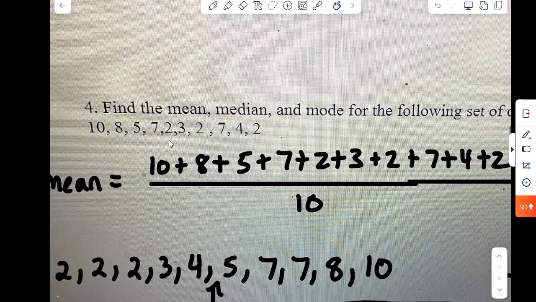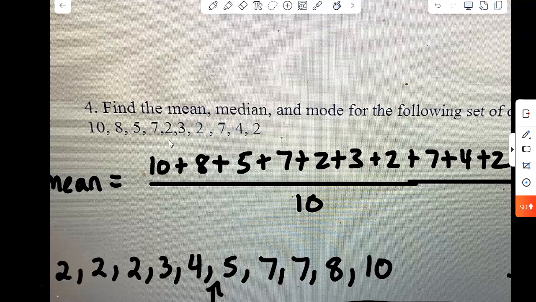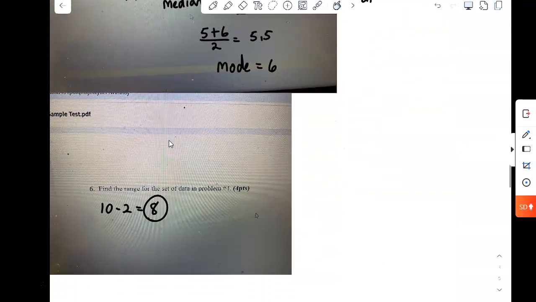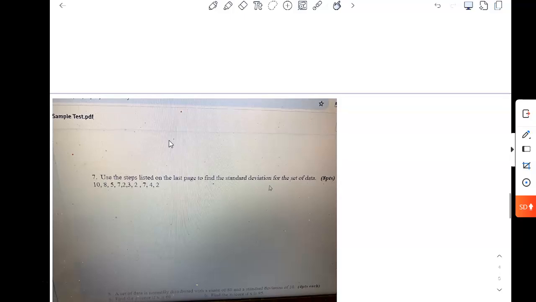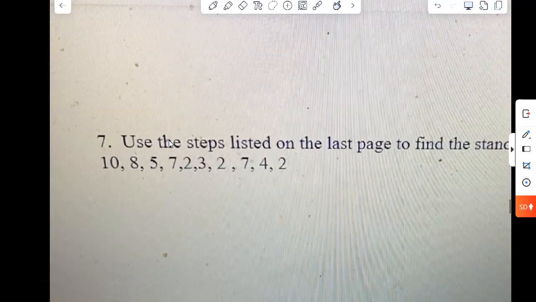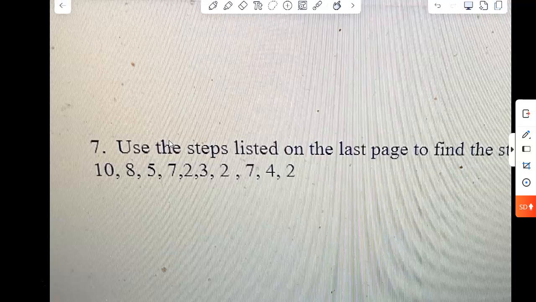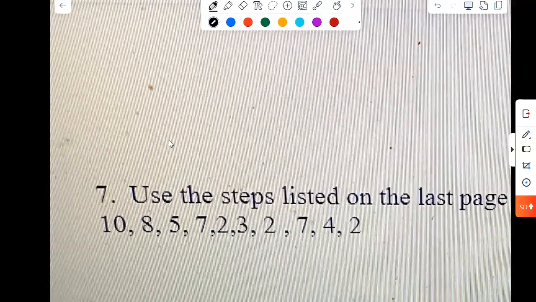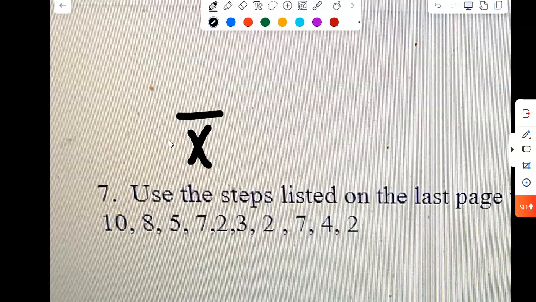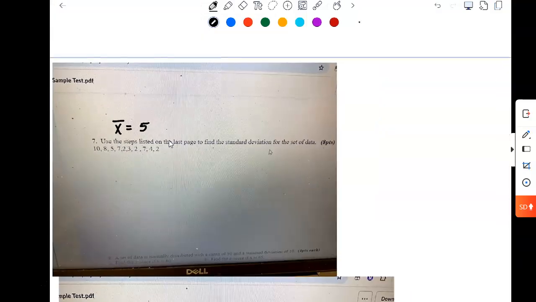It's exactly the same numbers. So we already know what the mean is, because we computed it earlier. It was 5.